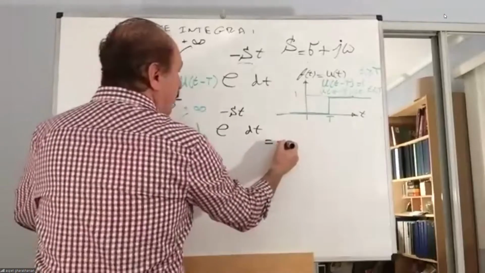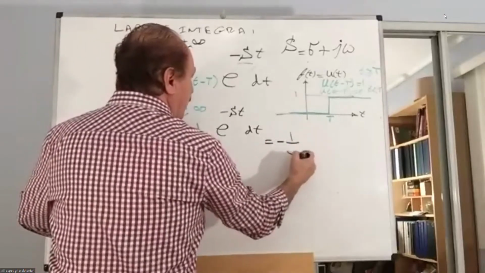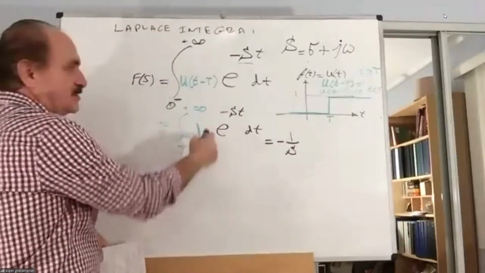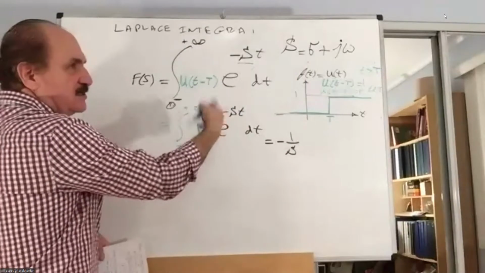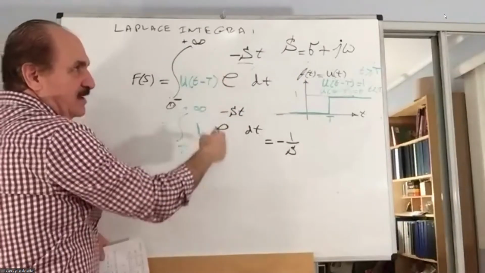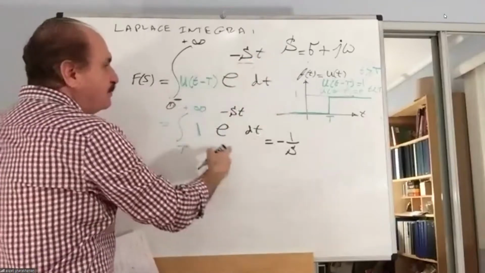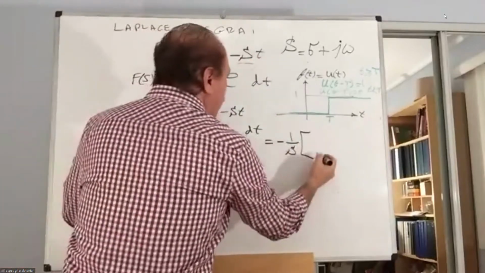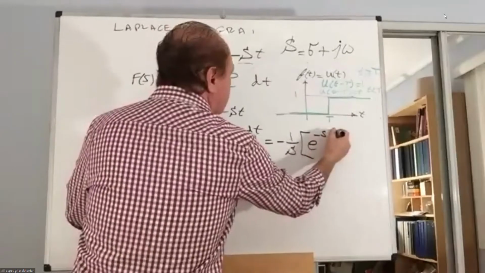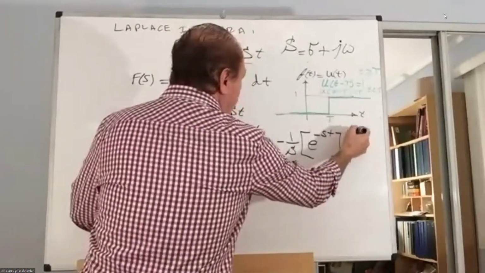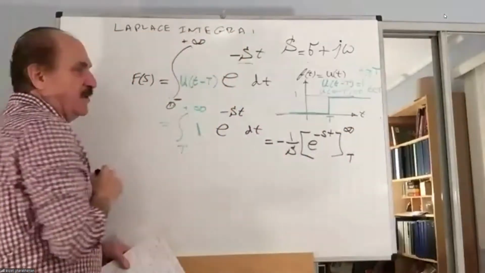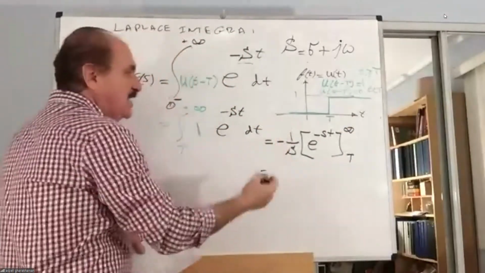It will be minus 1 upon s, like e to the power minus alpha x, whose integral is 1 over minus alpha e to the minus alpha x. And then e to the power minus st, put the limits at T, and we put there an infinity for the upper limit.